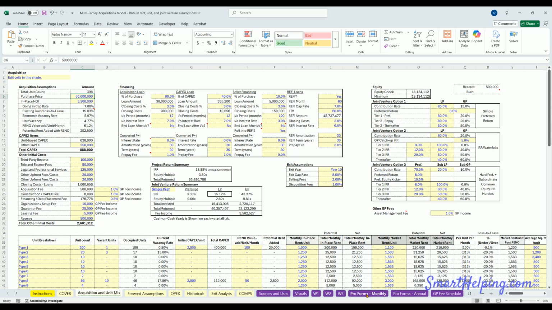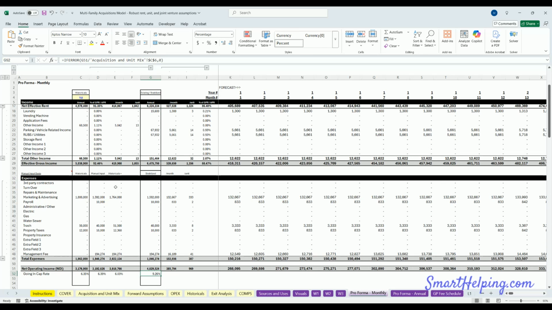And then we have on the pro forma four different going in cap rates. The reason why it's important is you want to know the cap rate of the existing operations, but you also want to know if you stabilize the property, what is your cap rate against the purchase price in that scenario?